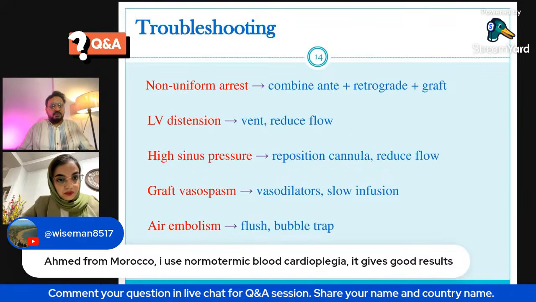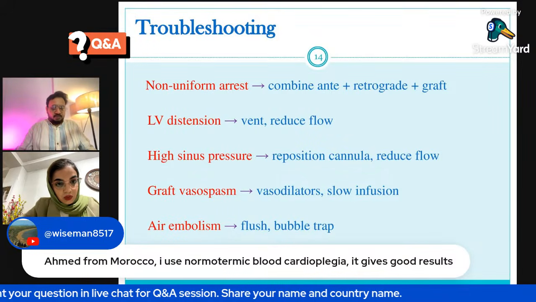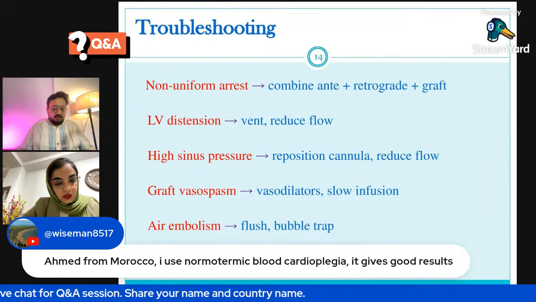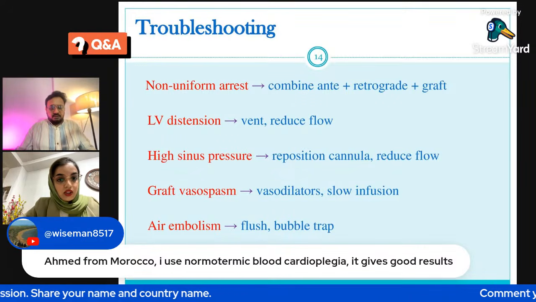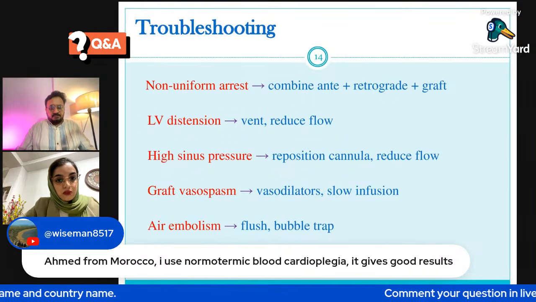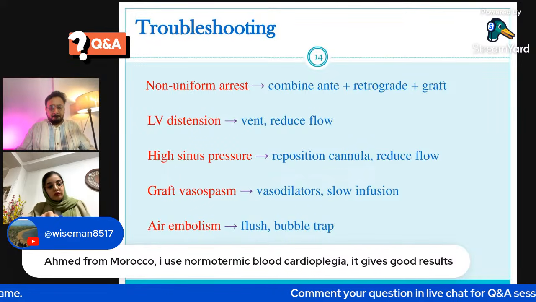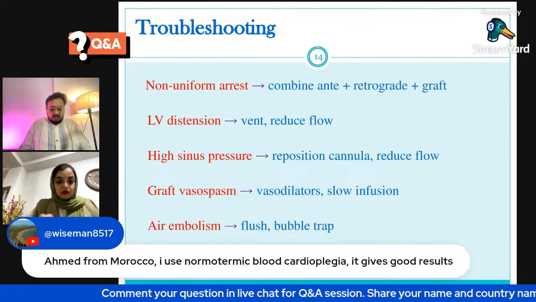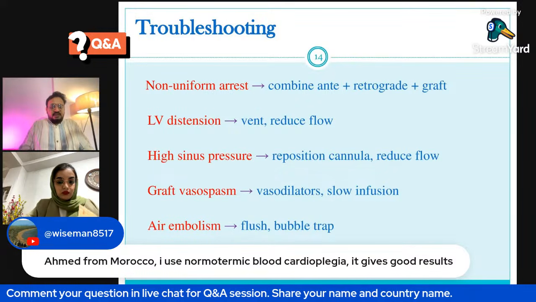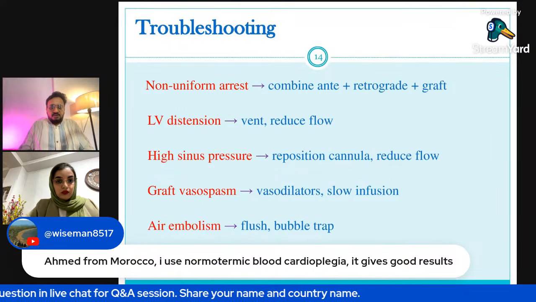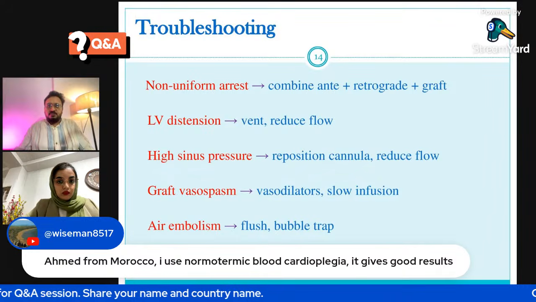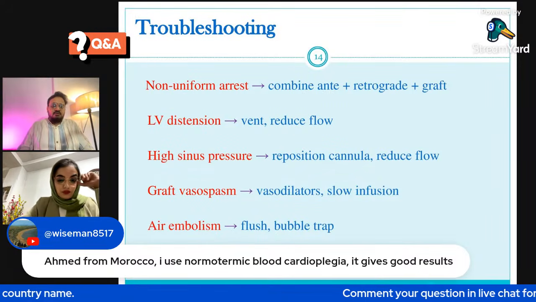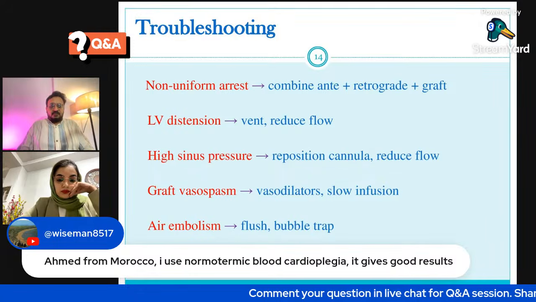So he's saying that he uses normothermic blood cardioplegia and it gives good results. Yes, as I said, normothermic blood cardioplegia, that is warm blood cardioplegia, has good results.